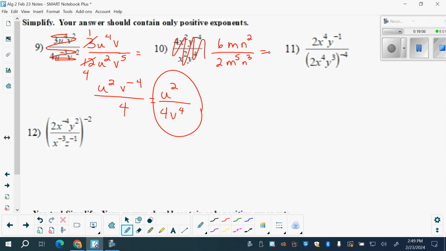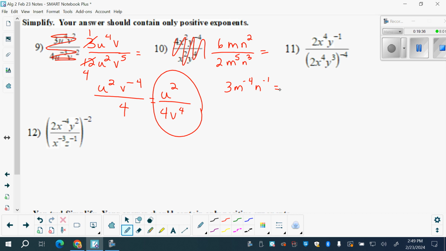Okay, on number 10, what do we do with the 6 and the 2? Yeah, 6 divided by 2 is going to be 3. And then when we divide, what do we do with our exponents? Subtract. So 1 minus 5 would be negative 4. And then 2 minus 3, negative 1.